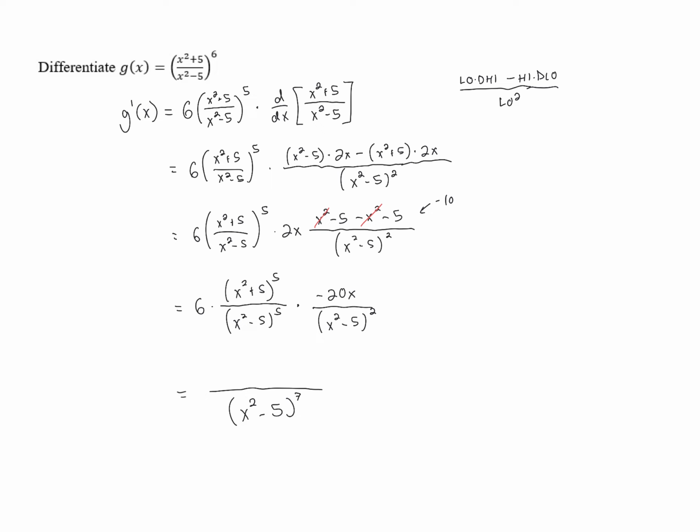And then in the numerator, negative 20x times 6 is negative 120x. And then that is times x squared plus 5 raised to the 5th power. And that is the final factored form of the derivative.